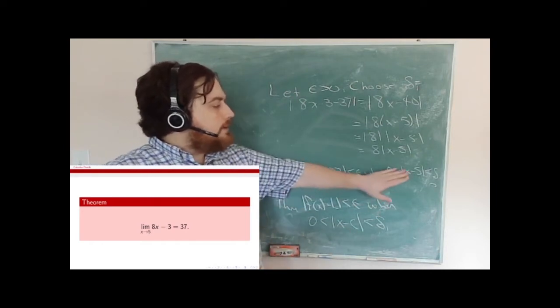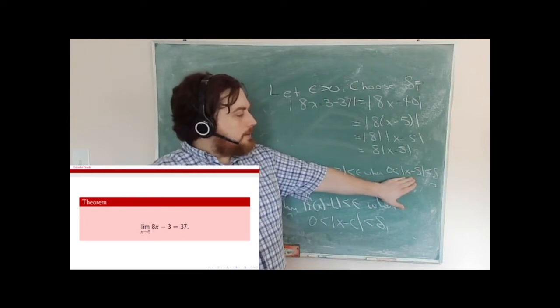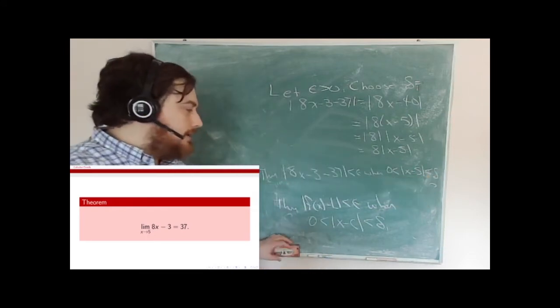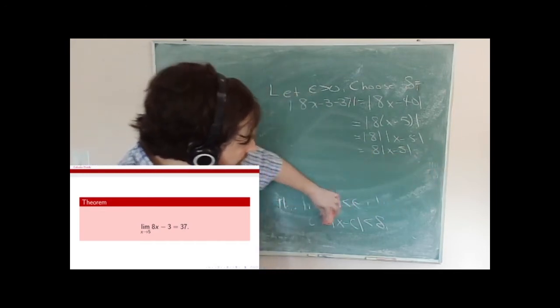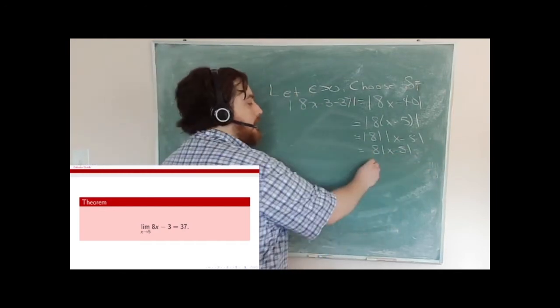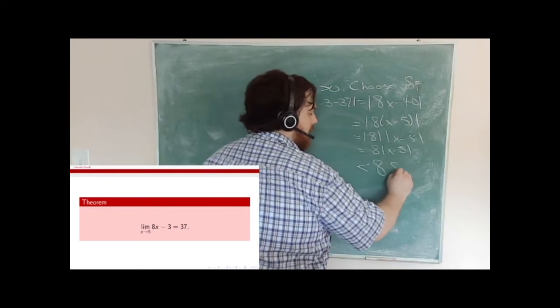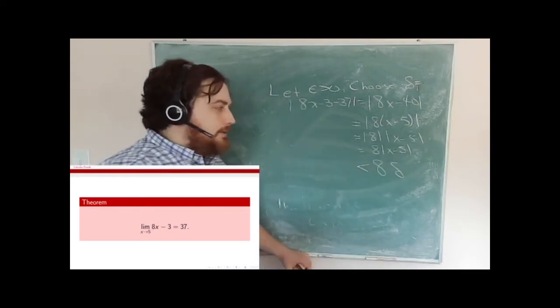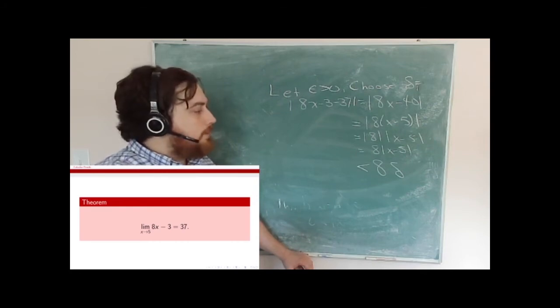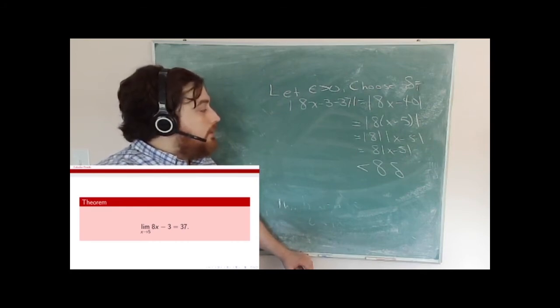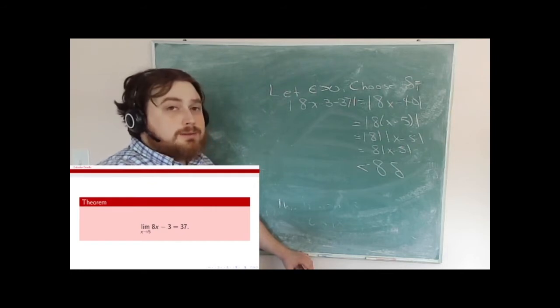Now the whole point here is that I get to assume that |x minus 5| is less than delta. I'm going to need some more room. I'm going to write this out, but I get that this is less than 8 times delta because |x minus 5| is less than delta. Now the goal is to show that this is less than epsilon.